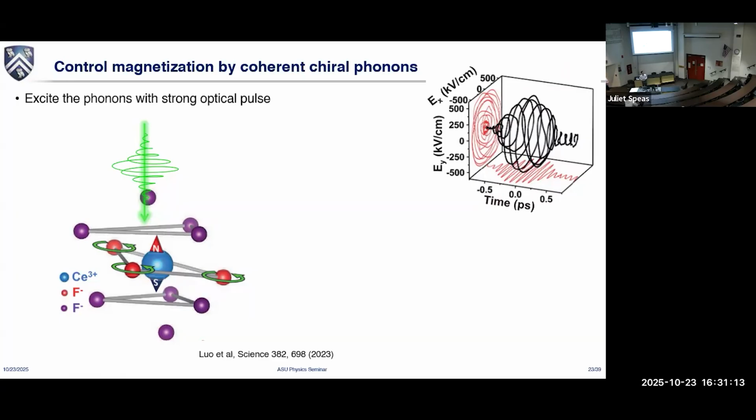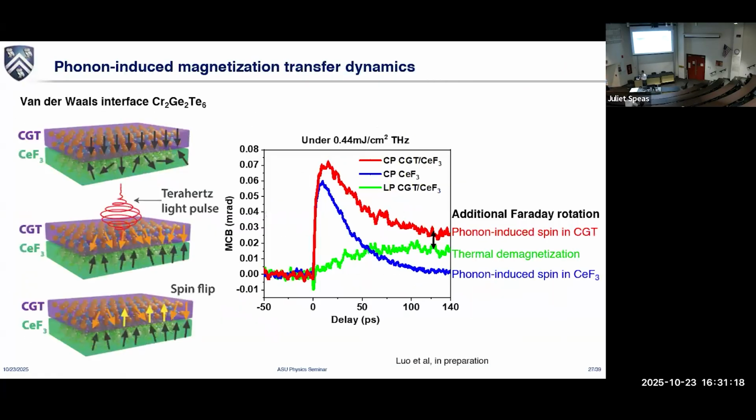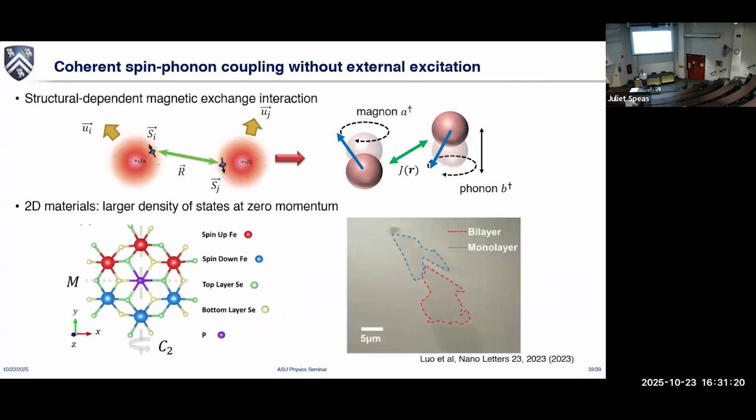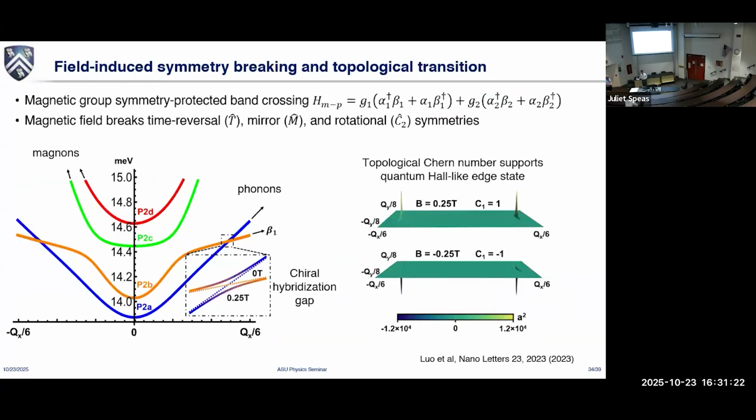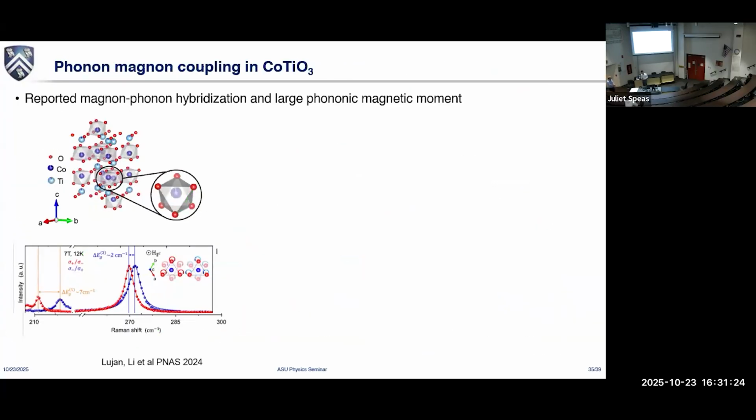Maybe on the final part, we talked about the magnon-phonon coupling. So what is driving that interaction there? Spin-phonon coupling. In this case, cobalt titanate.